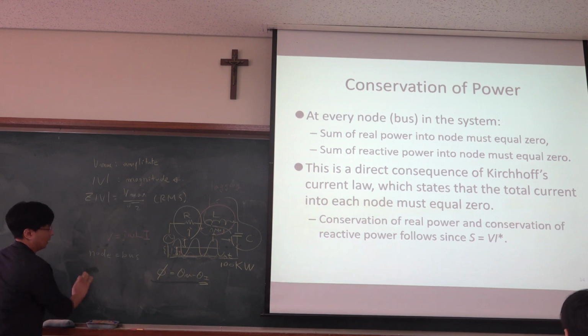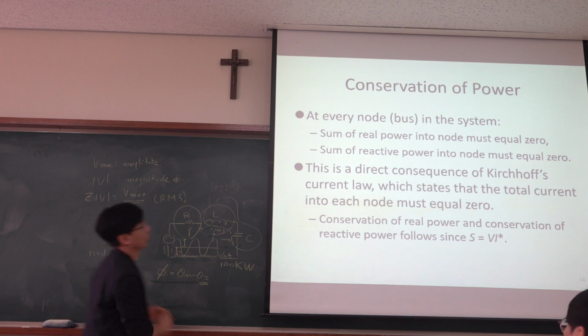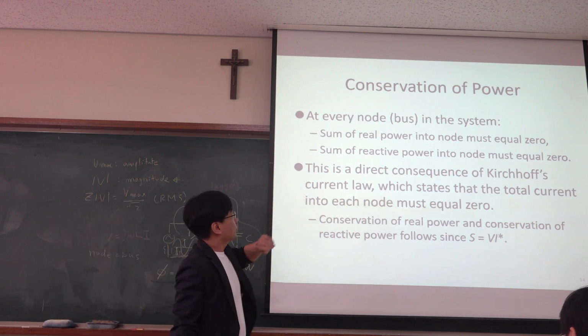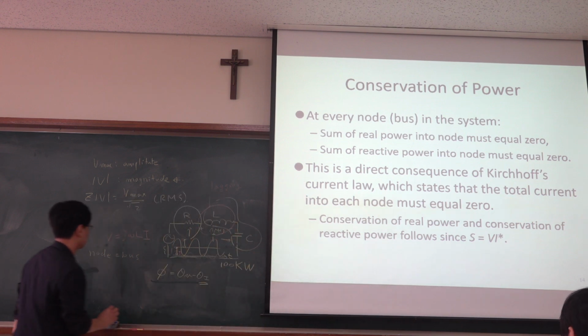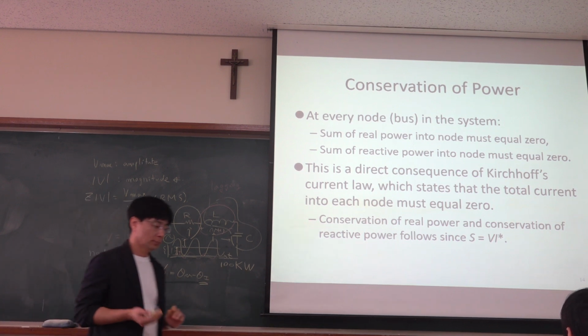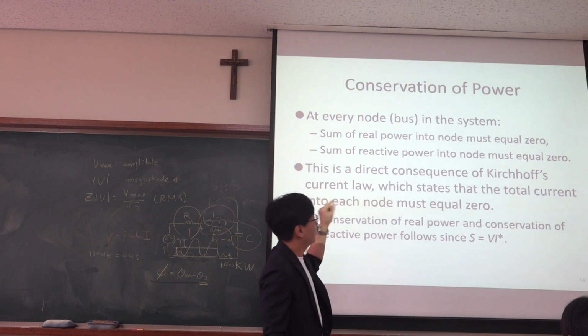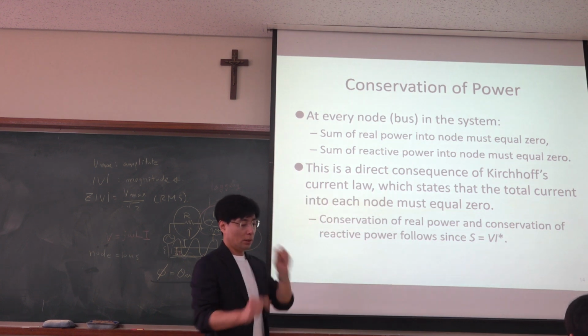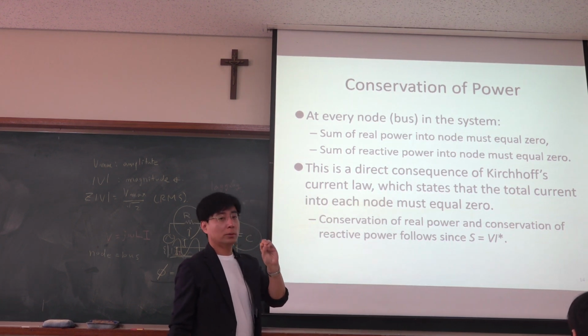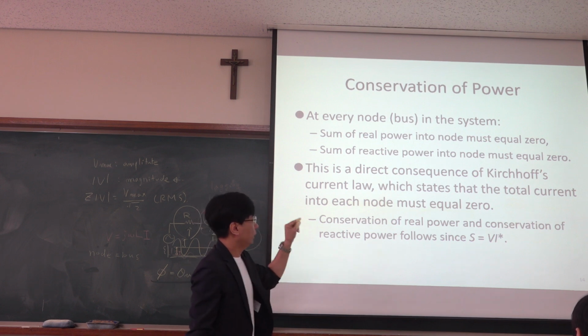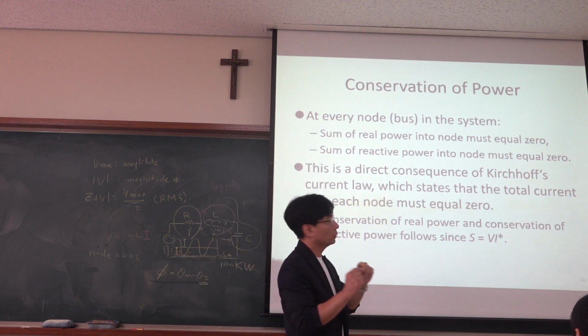But I don't want to talk about that. Anyway, we have a node, or bus. Then the sum of real power into a node must be equal to 0, and the sum of reactive power into a node must be equal to 0.